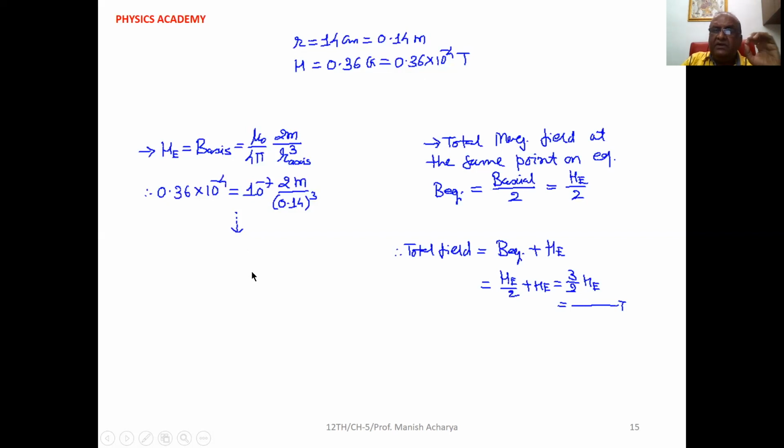Because suppose it is asked to you not exactly at the same point, but at some other point, if you want to calculate the resultant or the total field, then in that particular case, you require M. And then you have to substitute the value of M in the equation of B equatorial. And they can ask you additionally to calculate the magnetic moment also in this case. And therefore, this portion is mentioned here. Clear to all of you?